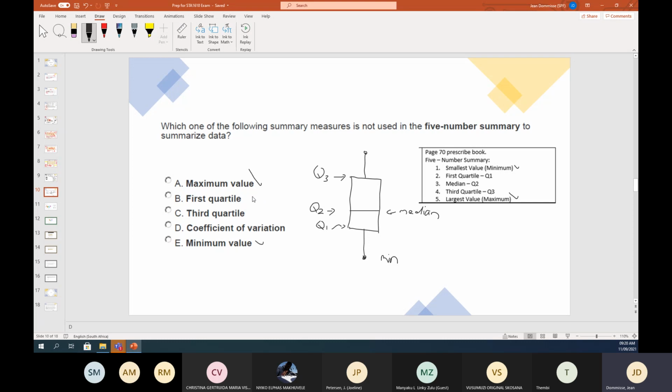So just imagine it, please. The one that is incorrect and not part of this is the coefficient of variation. Again, here we have smallest, Q1, Q2, Q3, and largest. That is nearly just leading into the next set that we are going to look at.